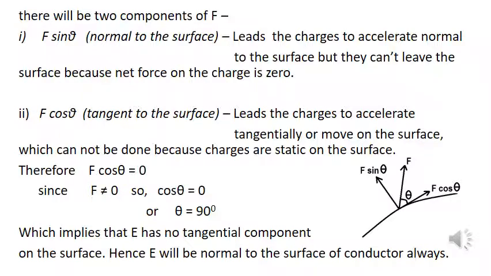There will be two components of force: F sin theta normal to the surface and F cos theta tangent to the surface. The F sin theta component leads the charges to accelerate normal to the surface, but charges cannot leave the surface because the net force on the charge is 0 as they are static.